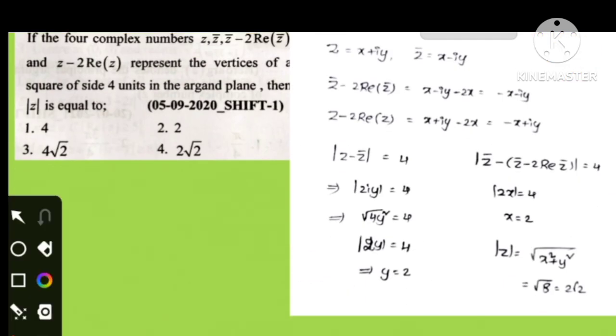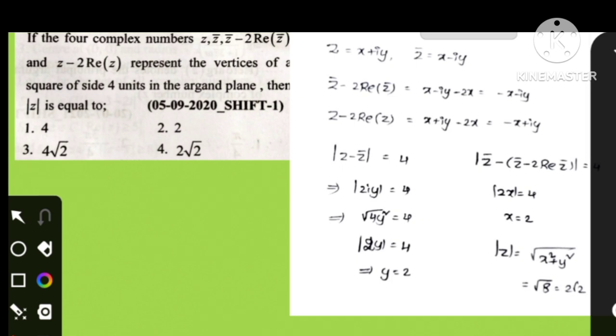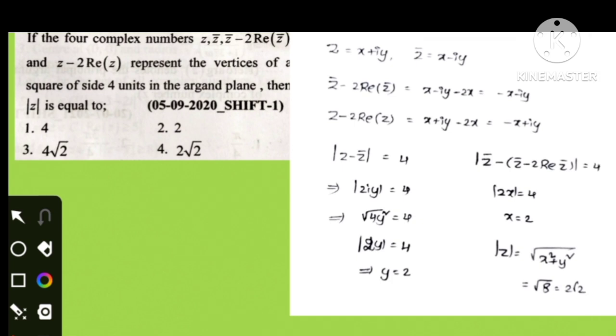If the 4 complex numbers z, z bar, z bar minus 2 into real z, and z minus 2 into real z represent the vertices of a square of 4 sides in the Argand plane, then what is the value of the modulus? This is also a very easy question.